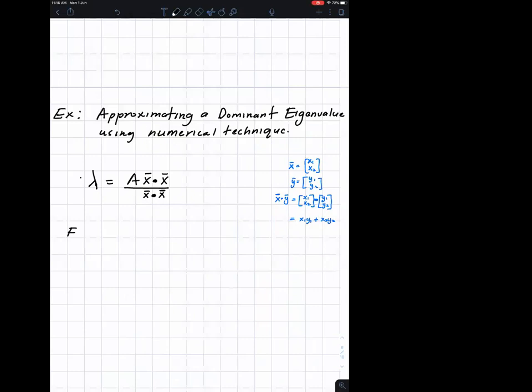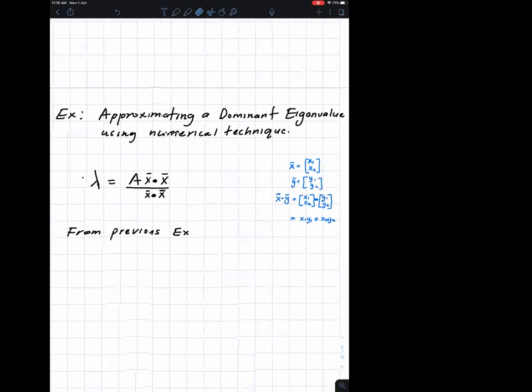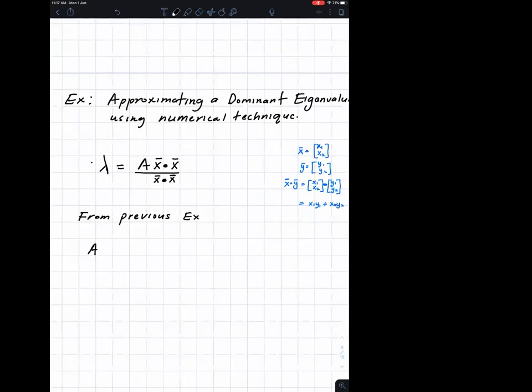So this is just for review. From the previous example, we know that matrix A is 2, 1, minus 5.